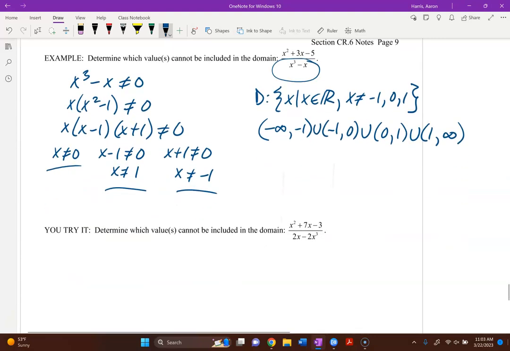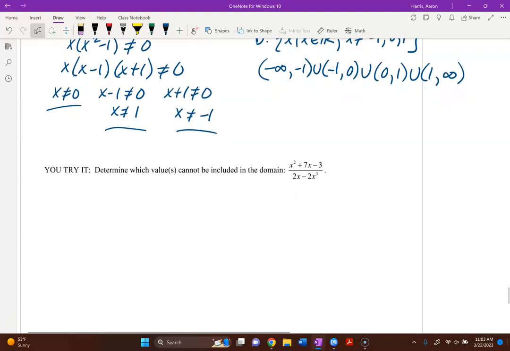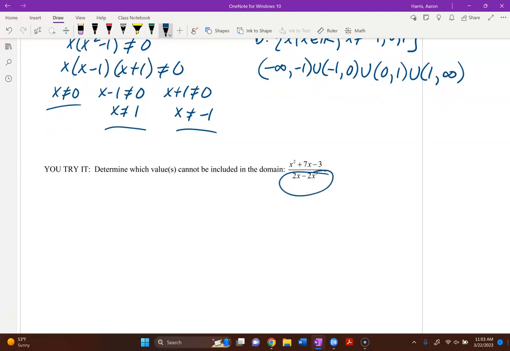Okay? Go ahead and do this last one together. Again, the domain of the rational function, this 2x minus 2x cubed, remember that cannot be 0. So let's factor out a -2x, so it'll change those inside.